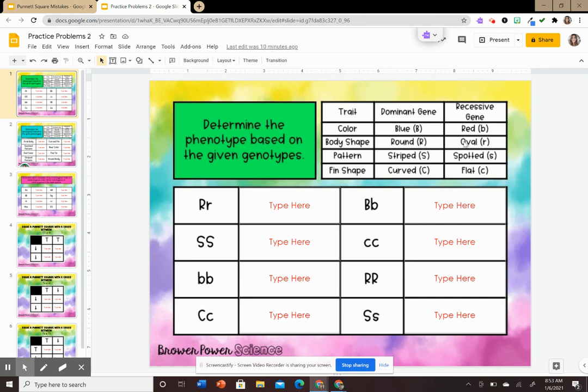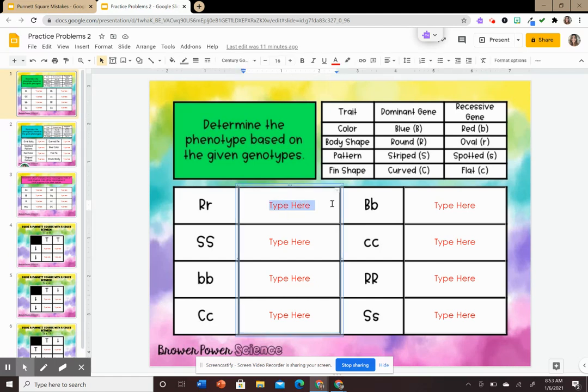I know we're off for Christmas break, but anytime there is a dominant or a capital letter, that dominant gene wins. Sorry, guys. So it's going to be a round body type. So you're going to go over here, you're going to type in round.